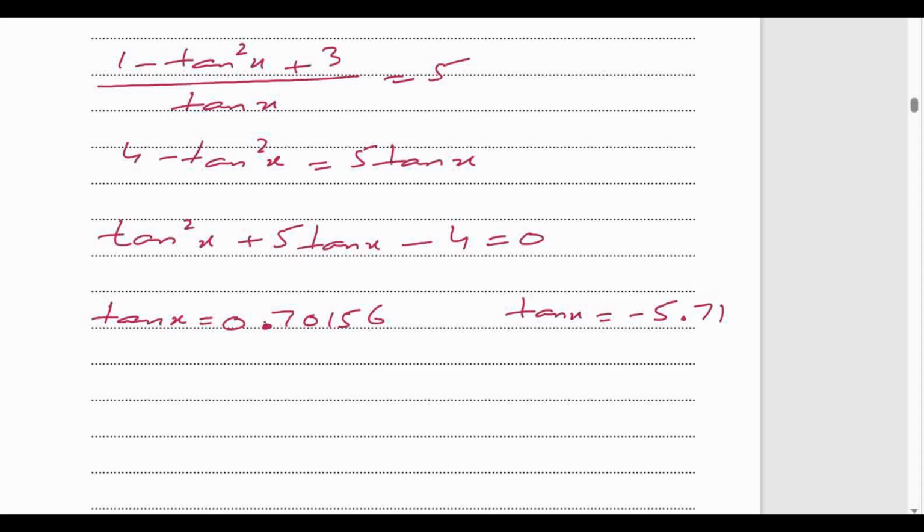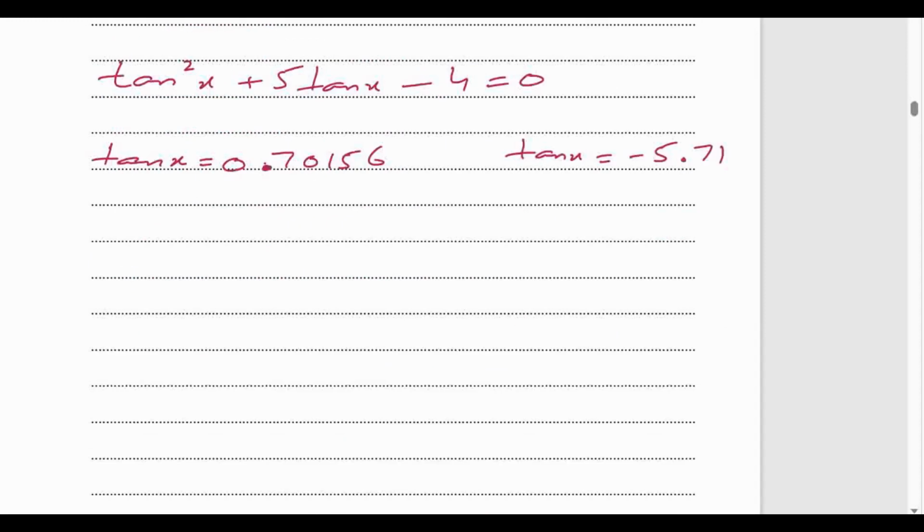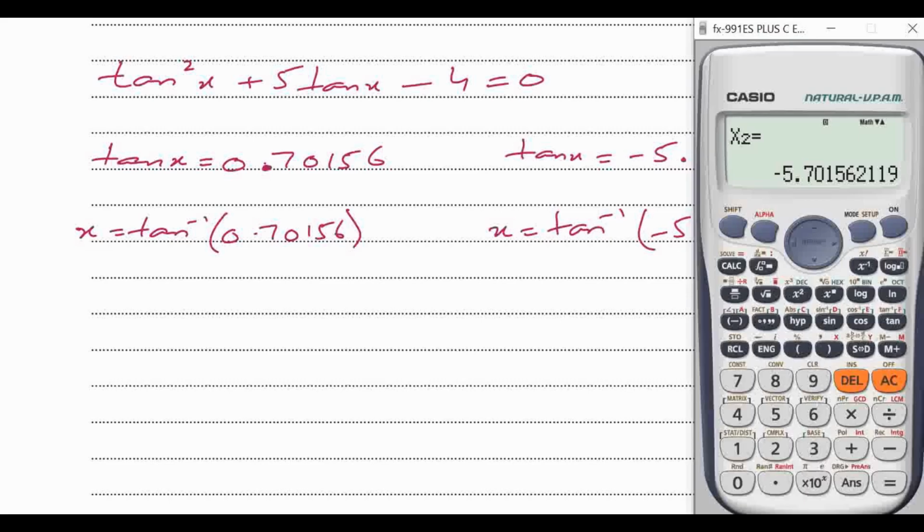Now we can see the question again here. They said solve the equation for this interval. So solve means that we have to find the value of x. So here we can see that x will be equals to tan inverse of 0.70156, and here x will be equals to tan inverse of negative 5.71. Let's find out.